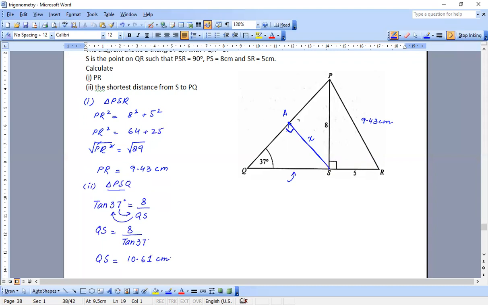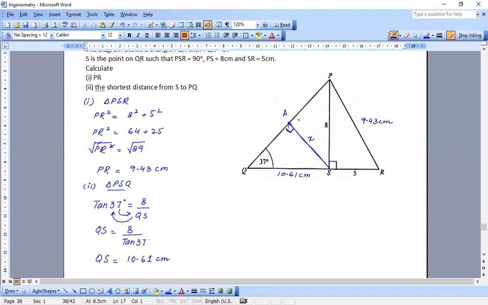Why was I trying to find out QS? As I mentioned earlier, in this triangle I have to find out the value of x. This is again a right angle triangle. The problem was I did not have any of the sides of the triangle known, but now I have found one, QS, which is 10.61 centimeter.